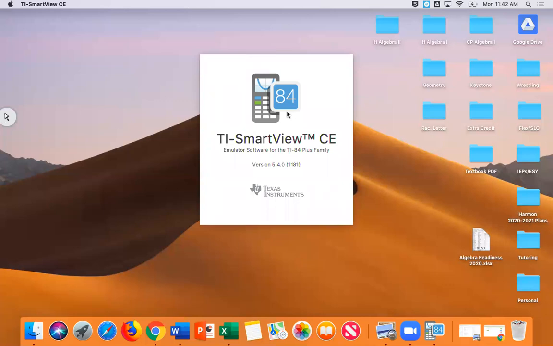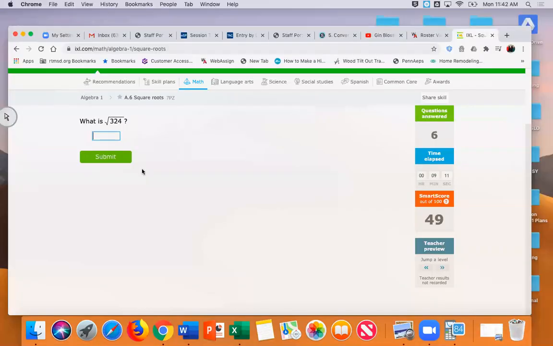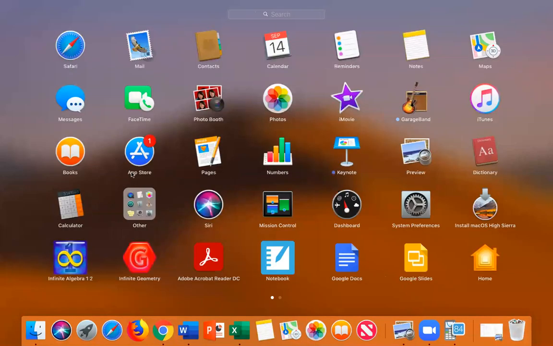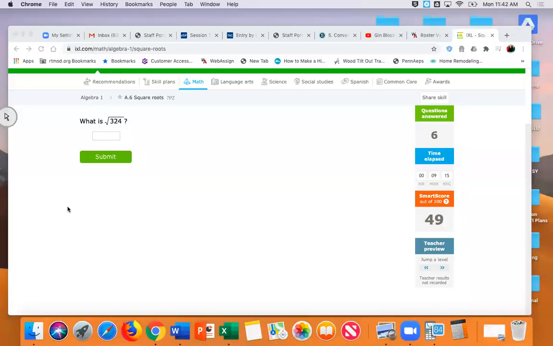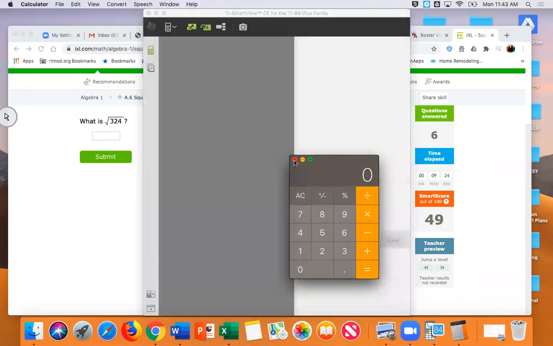All right, that's not working. So here's how we're going to do this. So everybody's got their calculator. Is that not going to load? There we go. Oh, of course it loads now.